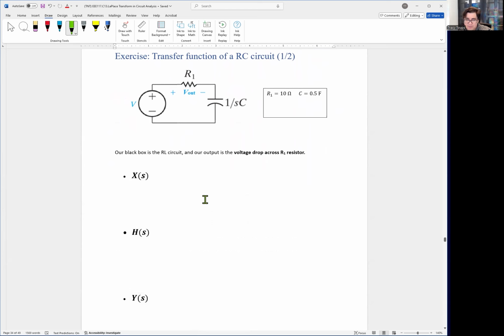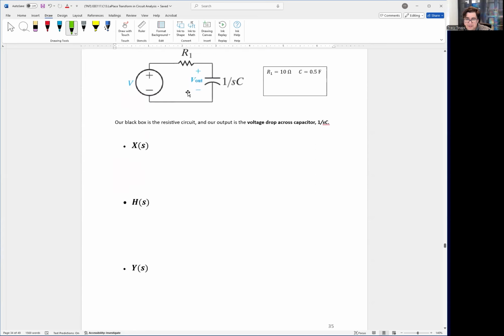Y(s) is your output, which is your X(s) input multiplied by your gain H(s). And do the same thing again, except we swap where V out is. V out is on the capacitor, so you're going to do it again. Obviously, the answers aren't going to be the same as the inductor one because it's a capacitor now, but it's going to be the same process.